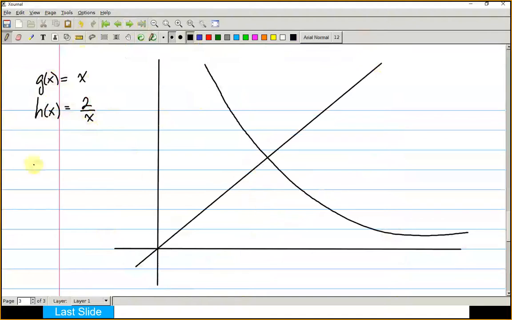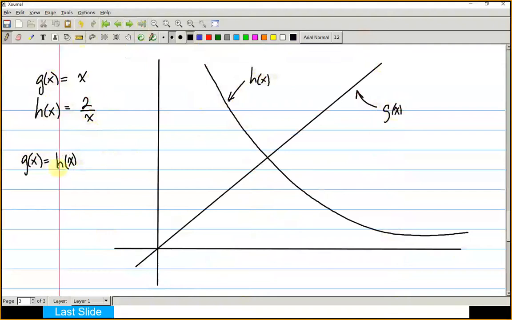That is when I write, when is g of x equal h of x. It's really what I just asked: where do these two lines intersect? This line is h of x, and this line is g of x.